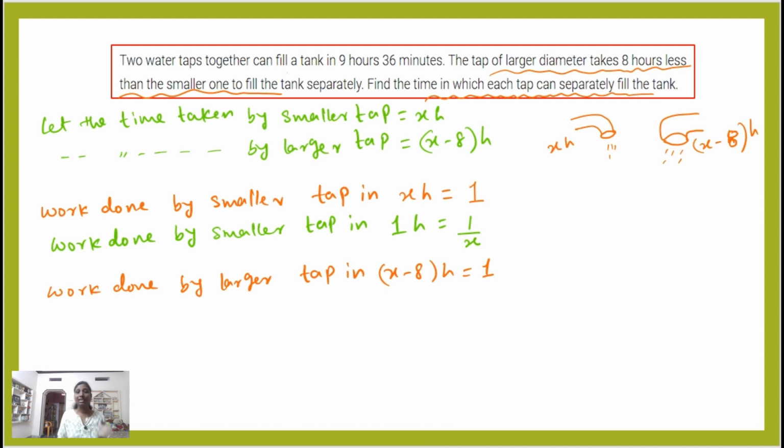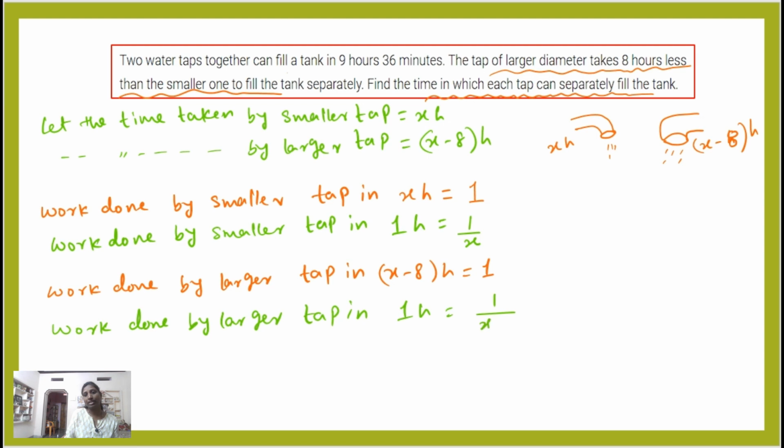Work done in x minus 8 hours is the full tank. Now work done by the larger tap in 1 hour is equal to 1 by x minus 8. It is a piece of work.